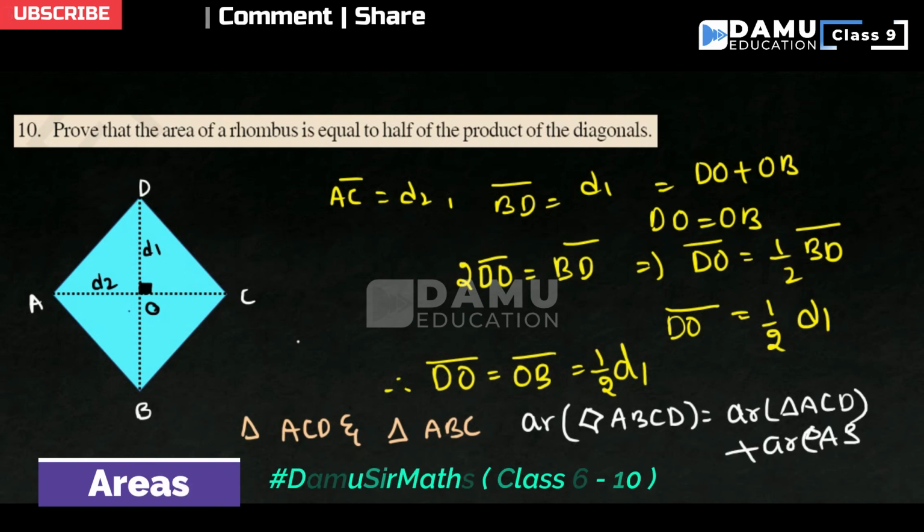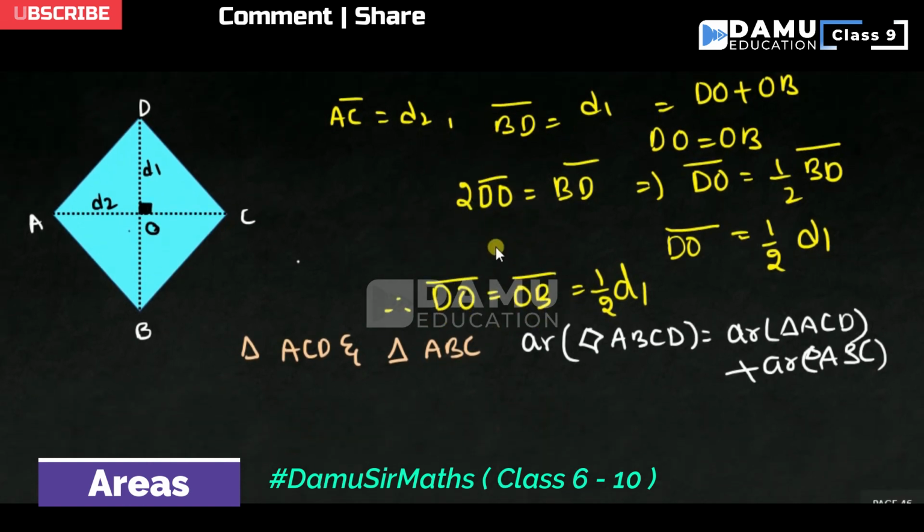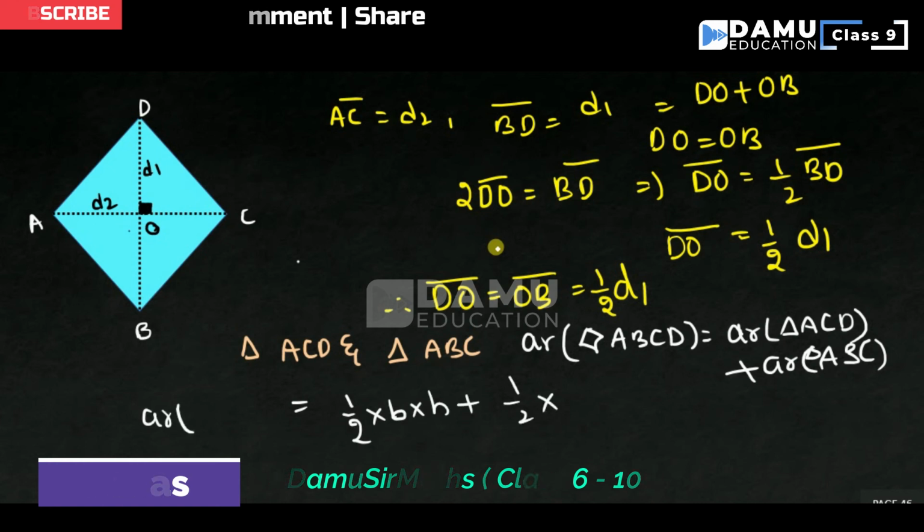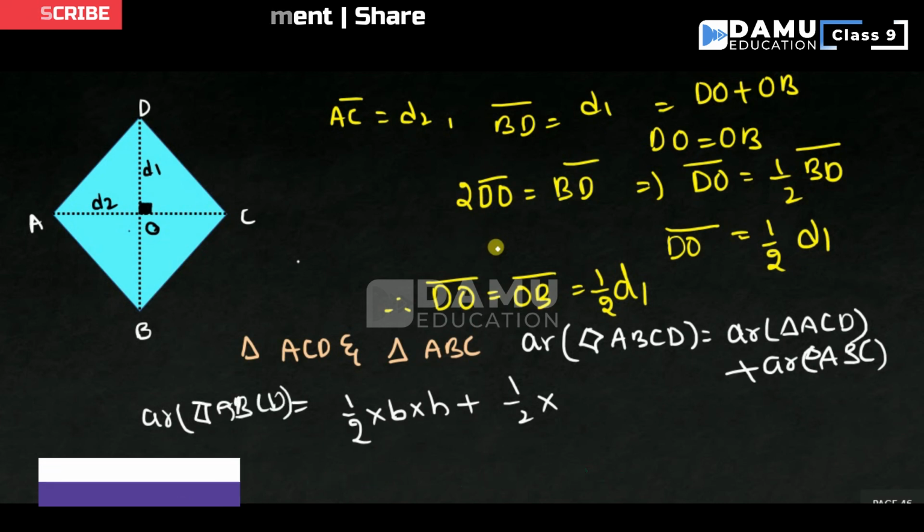We write this as half into base into height, plus half into base into height.